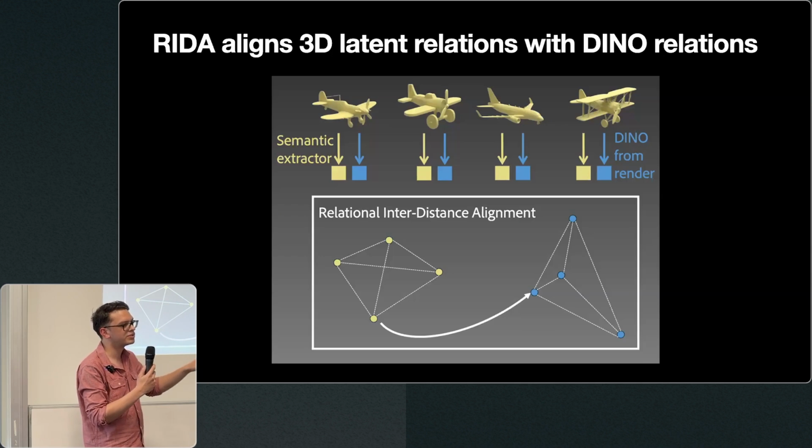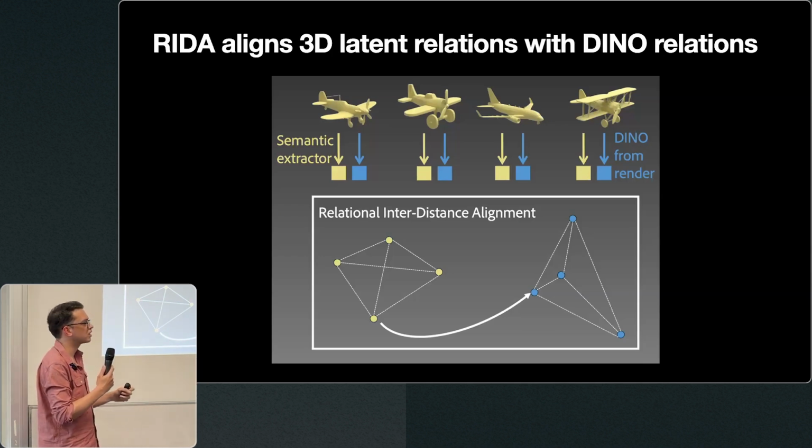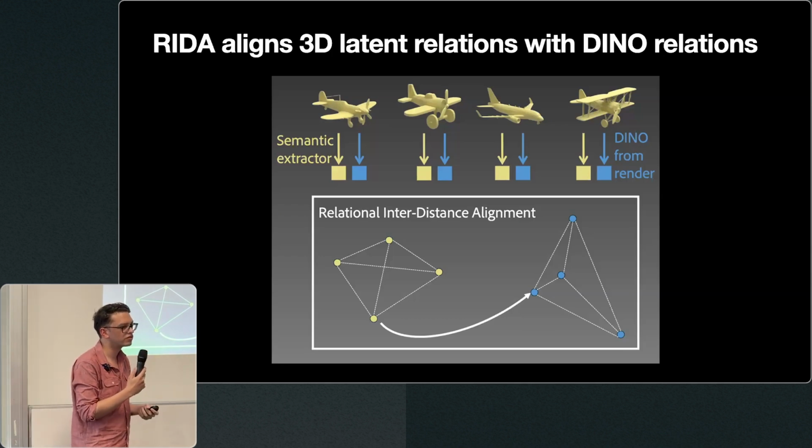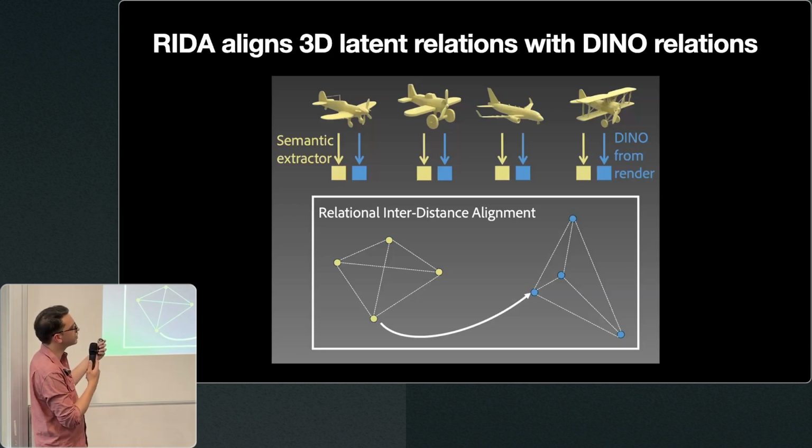And if this is a lamp, it should say, no, this doesn't work. But it shouldn't penalize it if this is not the exact plane that we're looking for. So what we actually want are these semantic relationships that are captured by foundation models. Here we are just going to learn from DINO.